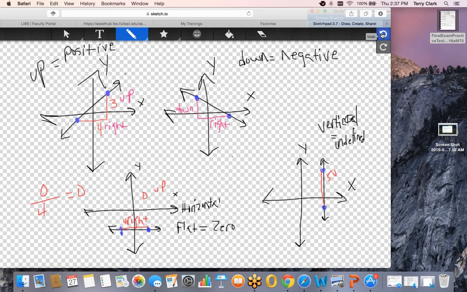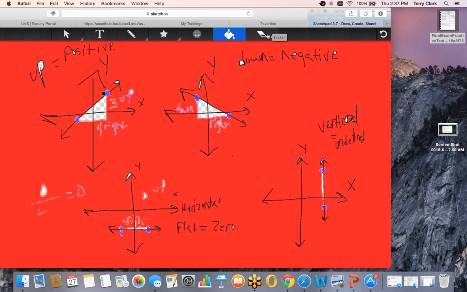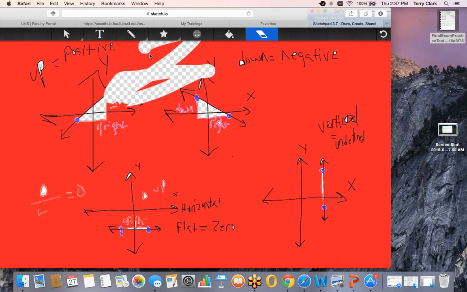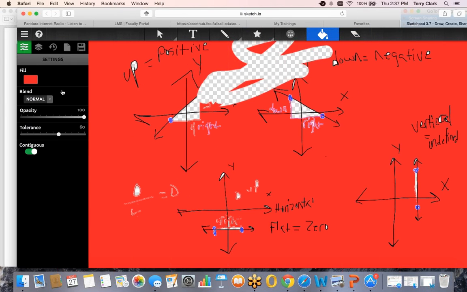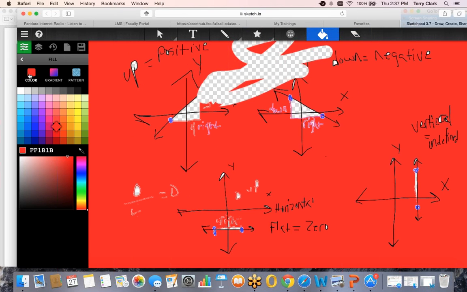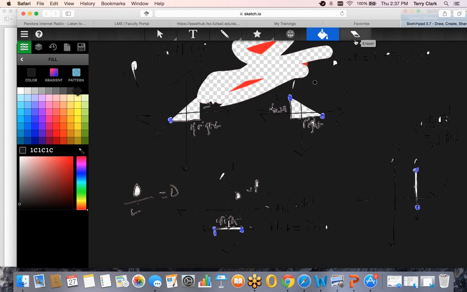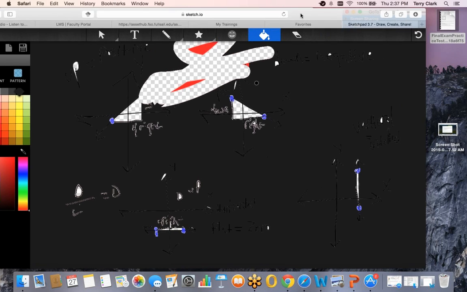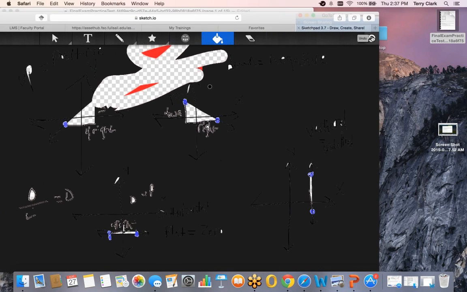Okay, so that's it. Let me get this eraser. All right, back to black. Let me undo all this. It's a really cool application.